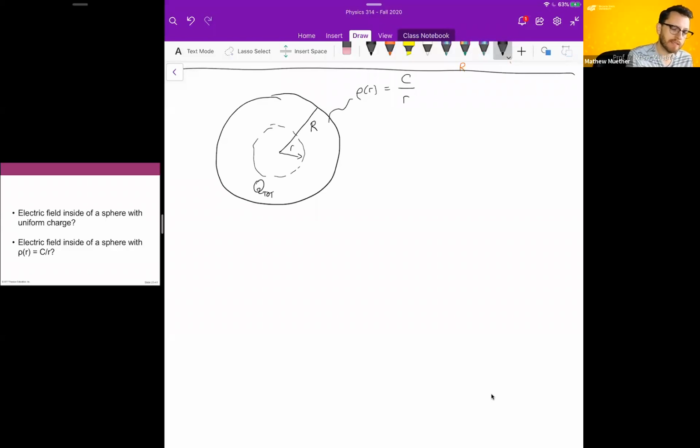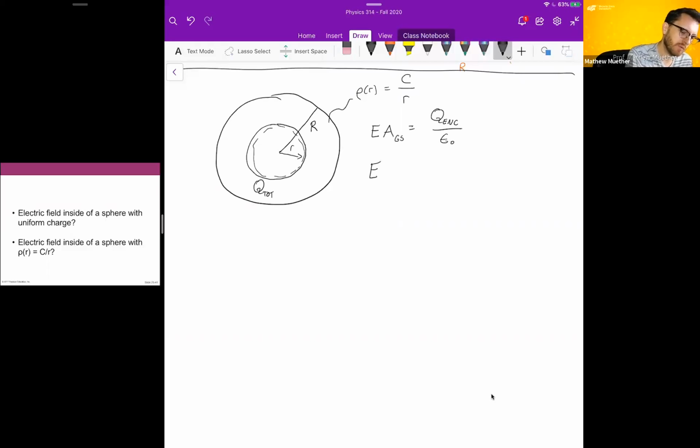Again, we can make the same argument we've been making before, that this thing is radially spherically symmetric. Even though the density is changing as a function of r, if I rotate it right around, the charge distribution looks unchanged. So this electric field times the area of the Gaussian surface has still got to be equal to the enclosed charge over epsilon naught.